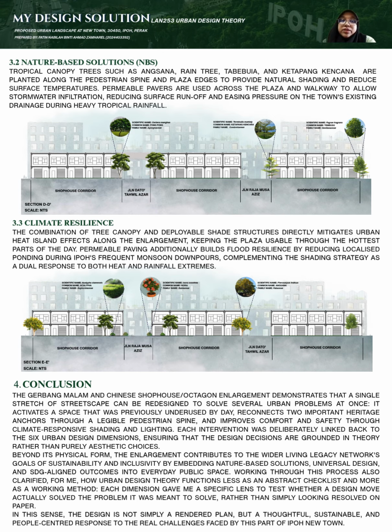This helps reduce surface runoff and improves stormwater management. In terms of climate resilience, combining tree canopies with permeable paving helps reduce the urban heat island effect while also minimizing local flooding during heavy rainfall.